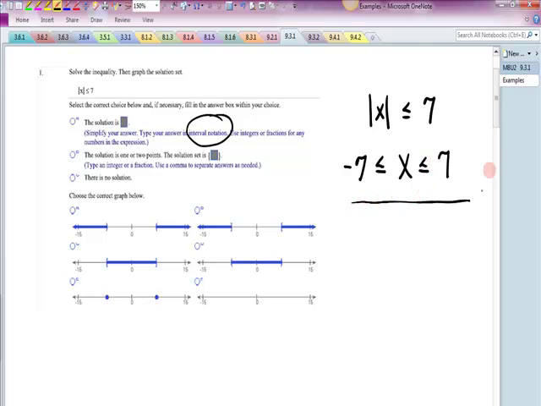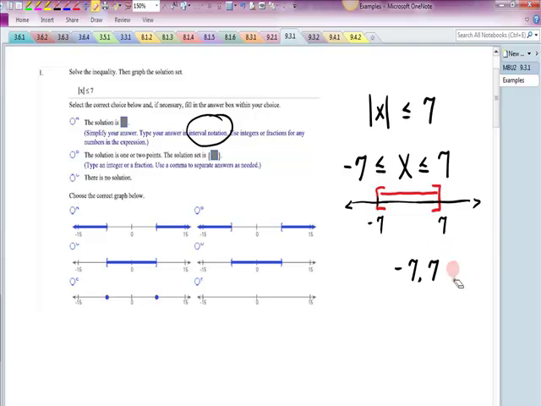Inequality. On a number line, it's going to be between -7 and +7. So it's going to be between them. You would use a bracket because equal is part of it. Then finally, as an interval, it looks just like the number line, -7 to 7.